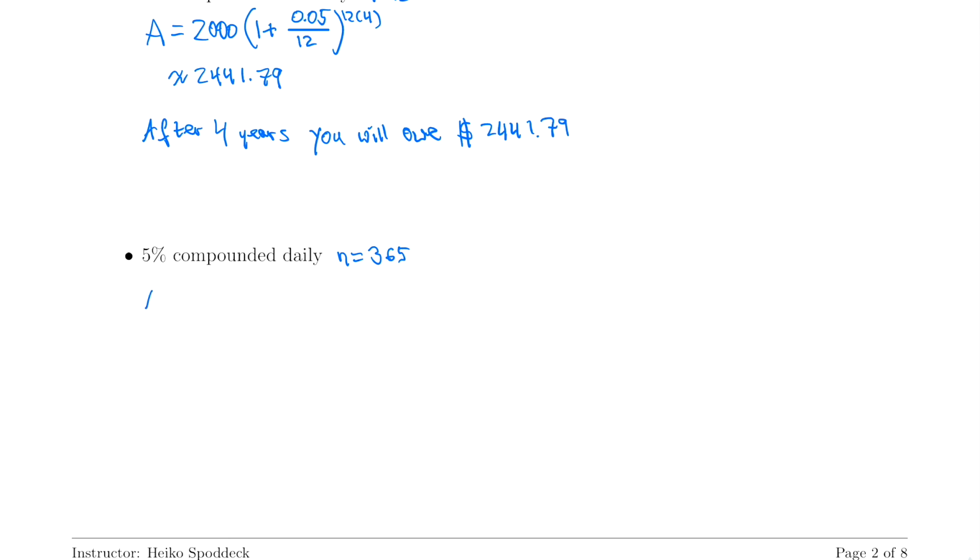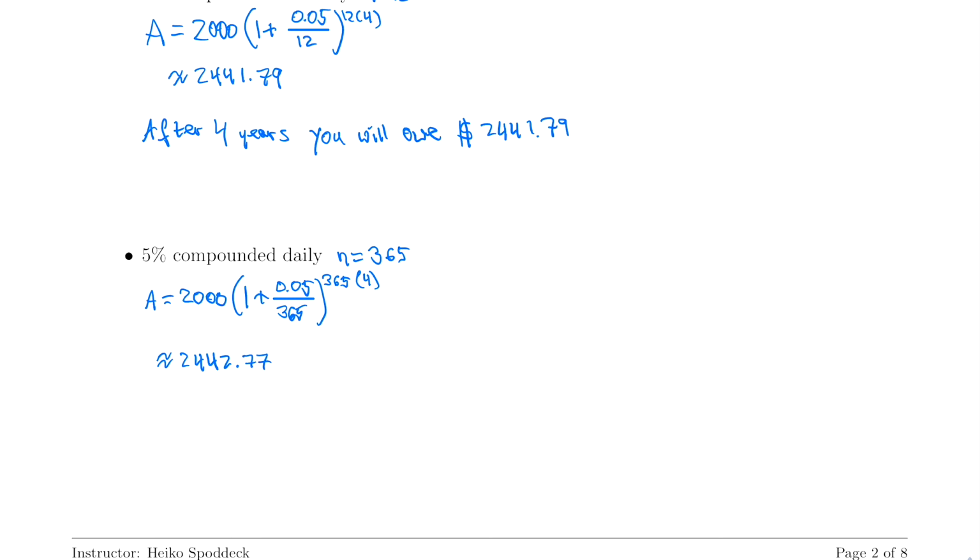And so our formula then becomes A equals 2000 again times 1 plus 0.05, but now we divide by 365, and then we take that to the exponent. Again, here goes our number of compounding, so 365 times 4 years, and our answer in this case will be $2,442.77.